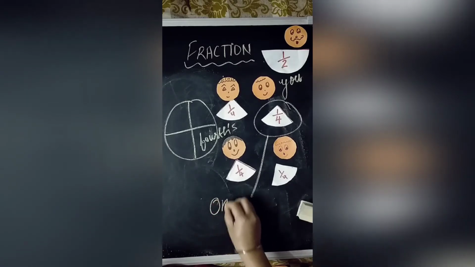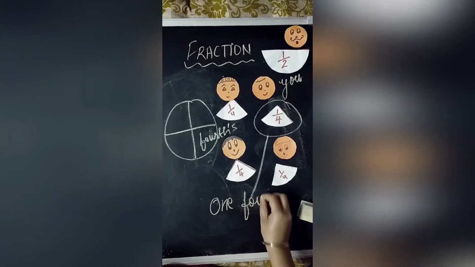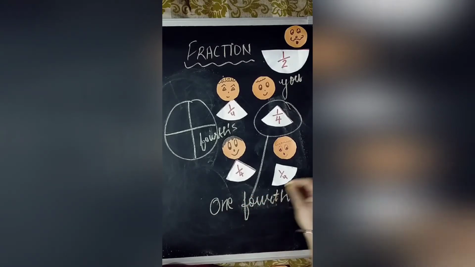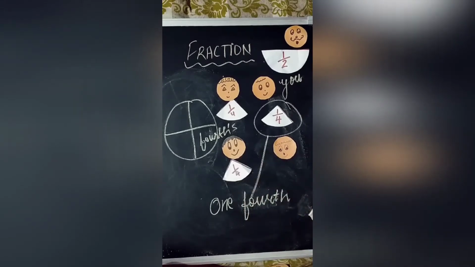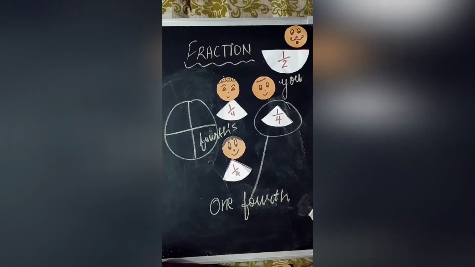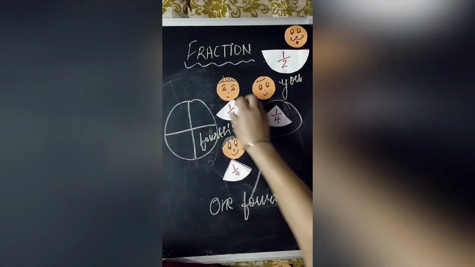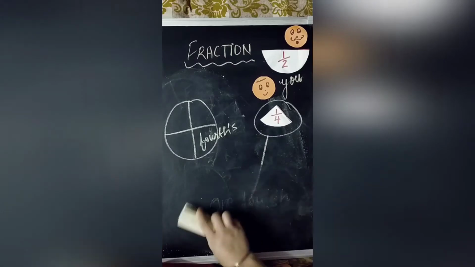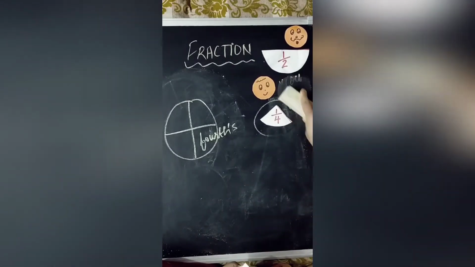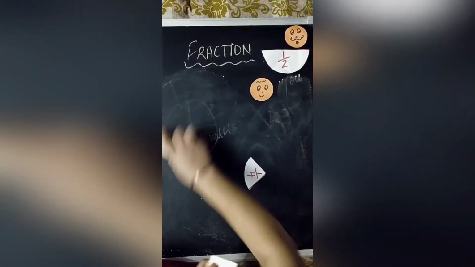He is getting 1/4. Similarly, we can make fifths, we can make sixths, depending upon how many pieces you have to make.